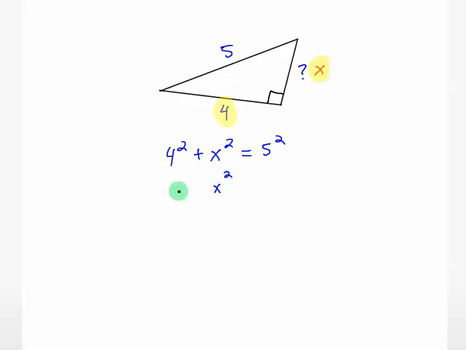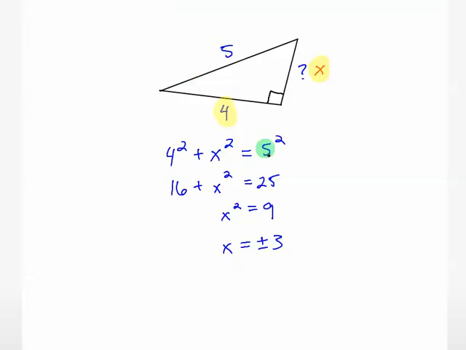So x squared, 4 squared is 16, 5 squared is 25. Now subtract 16 from both sides. 25 minus 16 is 9. And so when you square x, you get 9. So x could be positive 3 or negative 3, plus or minus 3, because you can square negative 3 to get 9 as well.